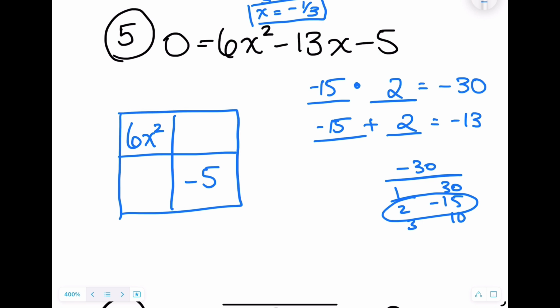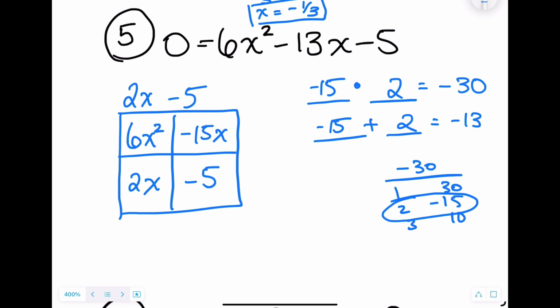30. So let's add that to our box, negative 15x and positive 2x, and let's start looking at what's common. Let's start with the column on the left. We have 2x, and for the column on the right, the coefficients both divide by negative 5.